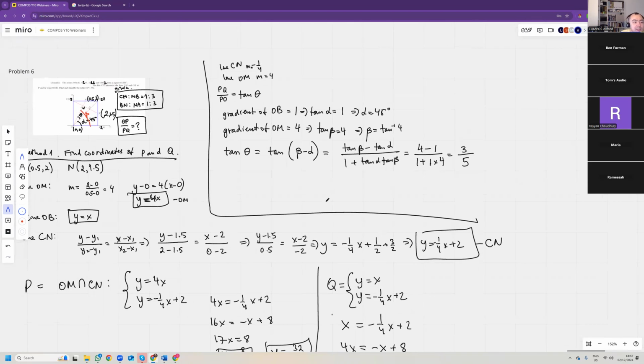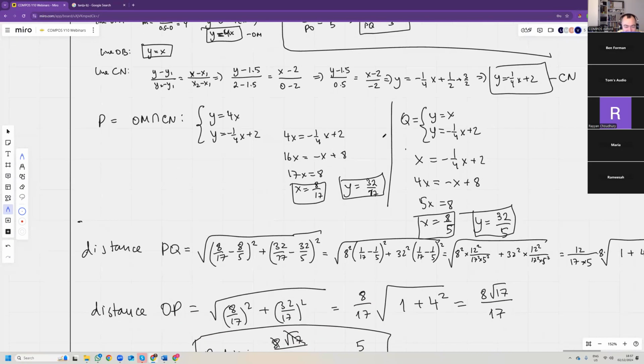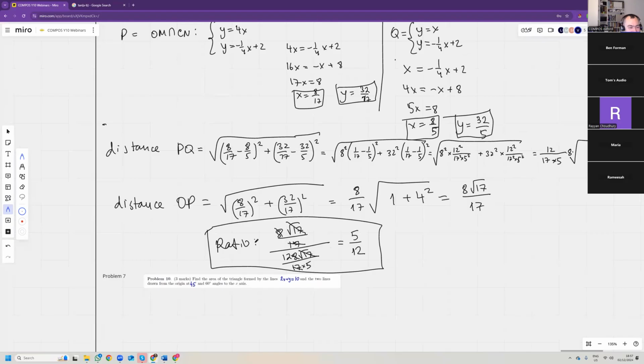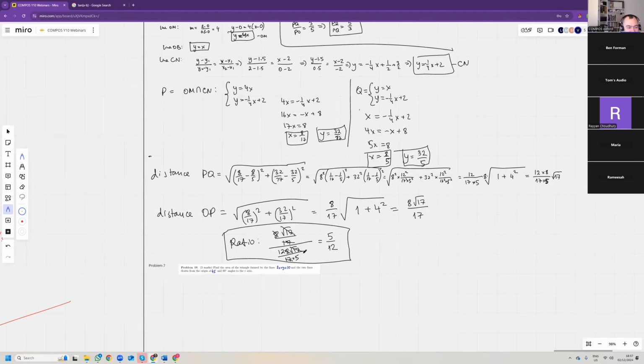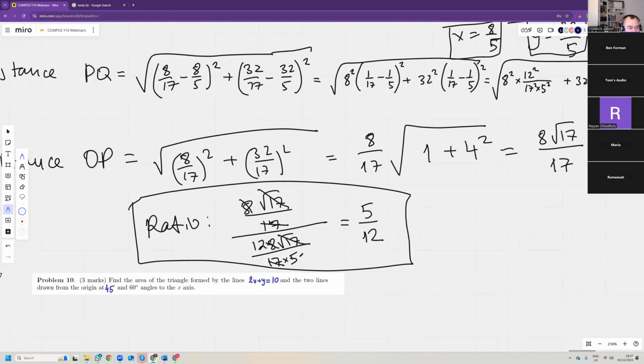Okay, tan theta. So that's PQ over PO is 3 over 5. And that means that PO over PQ is 5 over 3. Not exactly. That's exactly what we got. But I tend to think that we've made a mistake here. Of course we have.